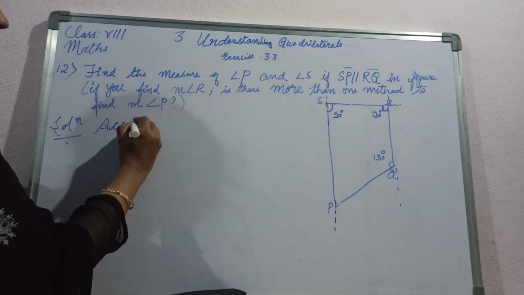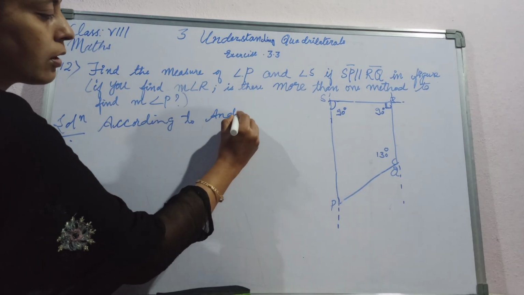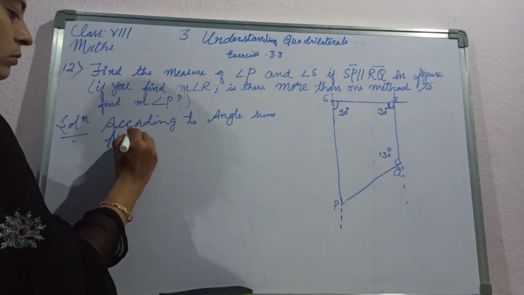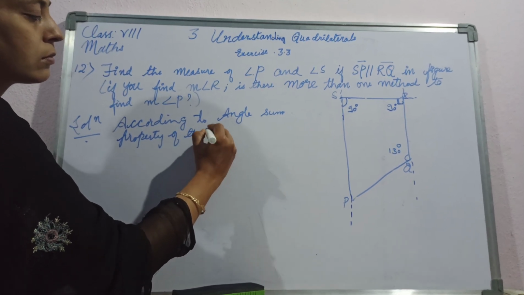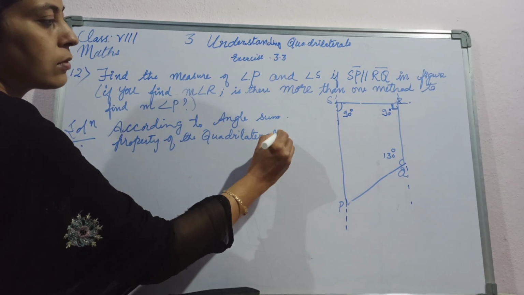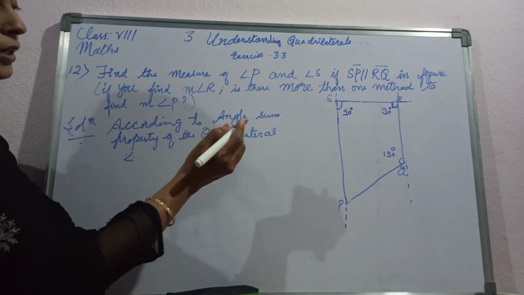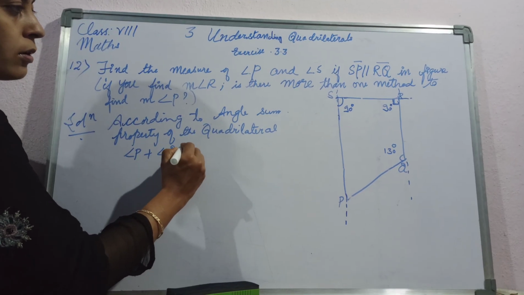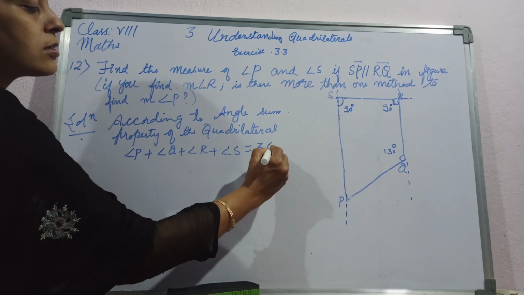So according to the angle sum property, we know that the sum of all the angles of the quadrilateral is equal to 360 degrees. Therefore we have angle P plus angle Q plus angle R plus angle S is equal to 360 degrees.